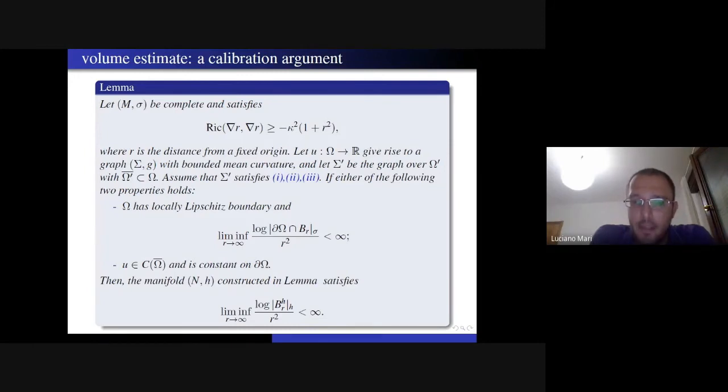Assume that the graph over this subdomain satisfies 1, 2, 3. So it admits an embedding into a kind of its double, with controlled volume. If either of the properties of the boundary holds, then the manifold that we construct has balls that do not grow faster than a quadratic exponential.